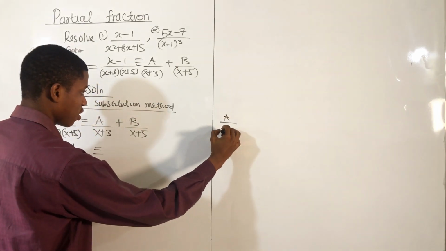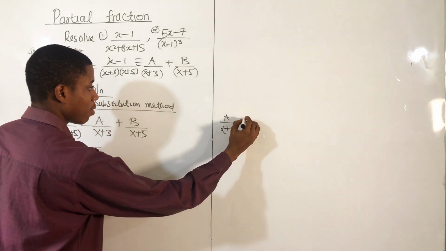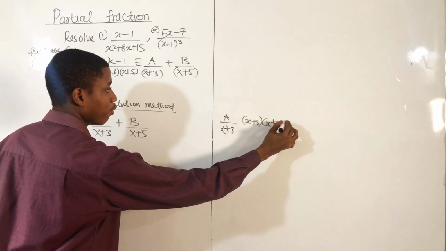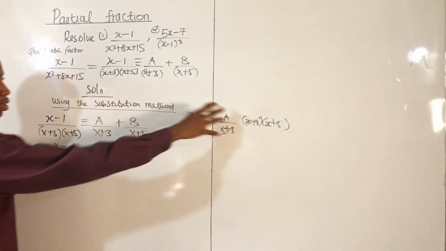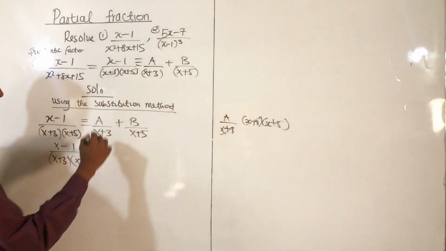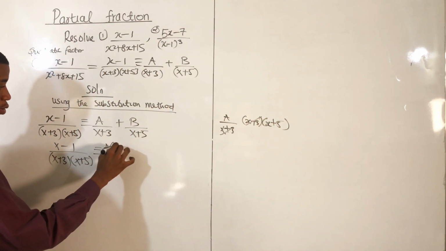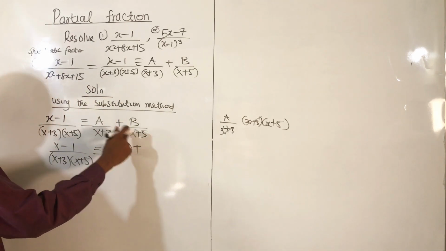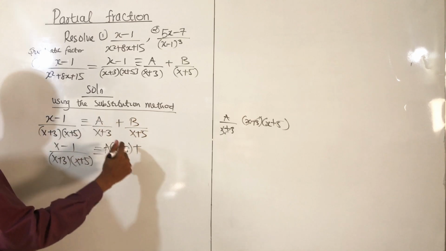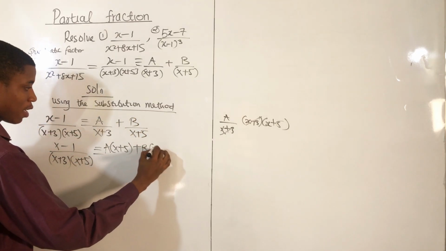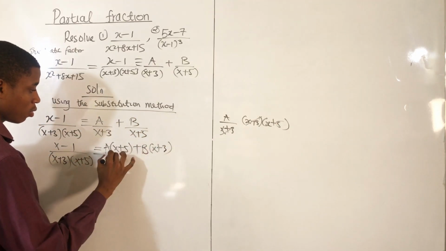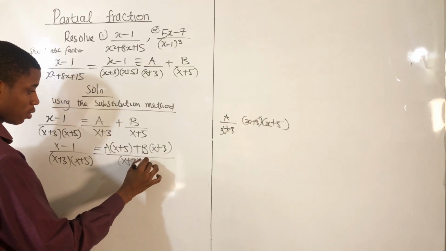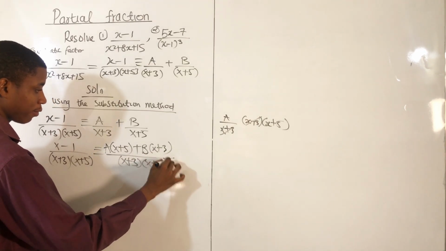A over (x plus 3) is going to be multiplied by (x plus 3)(x plus 5). This will cancel this, so we have A multiplied by (x plus 5). For the other one, with the same method, we have B multiplied by (x plus 3) over (x plus 3)(x plus 5).